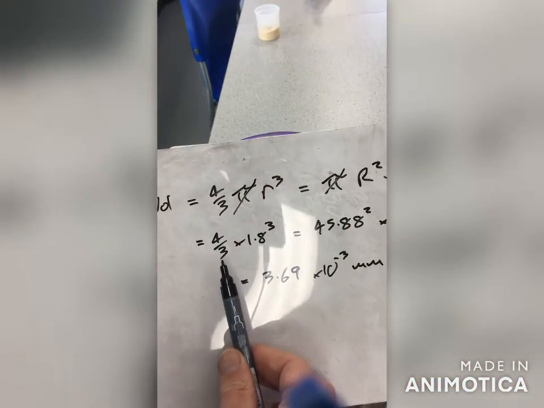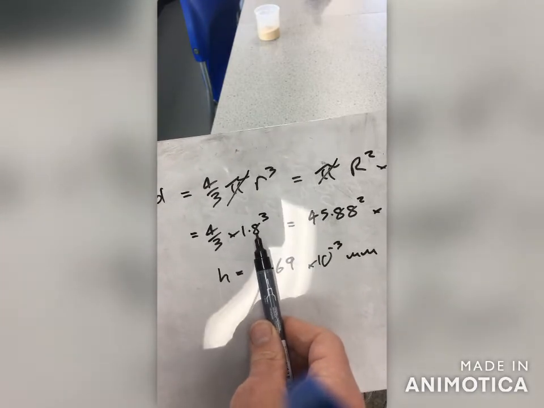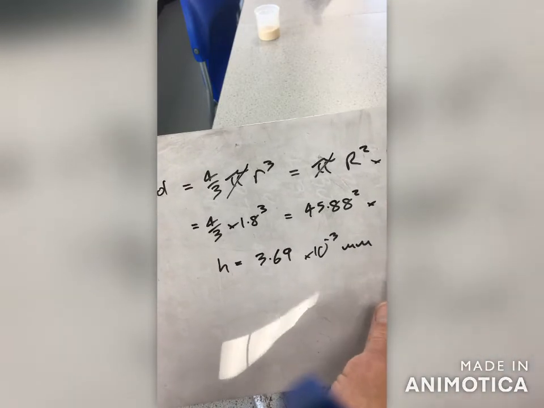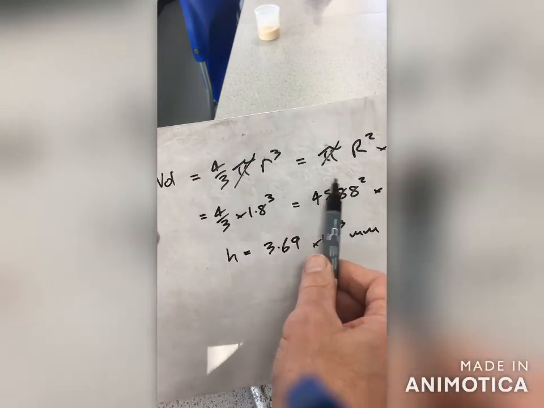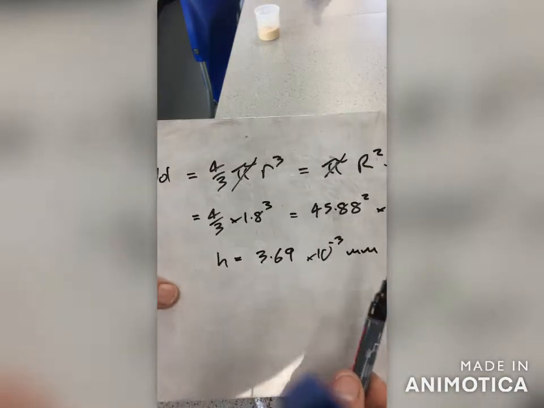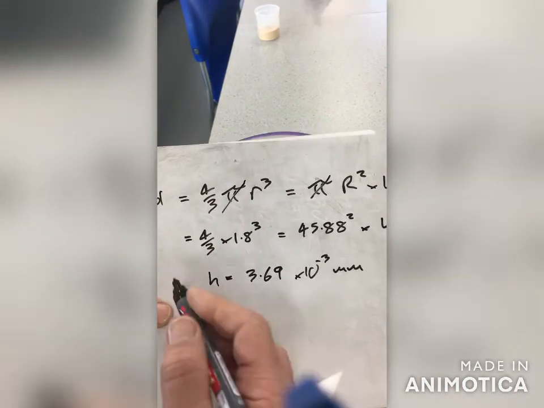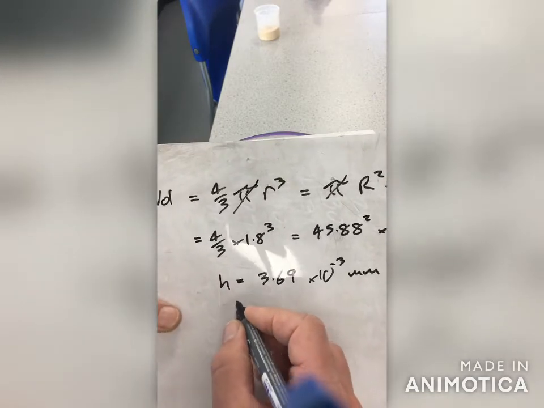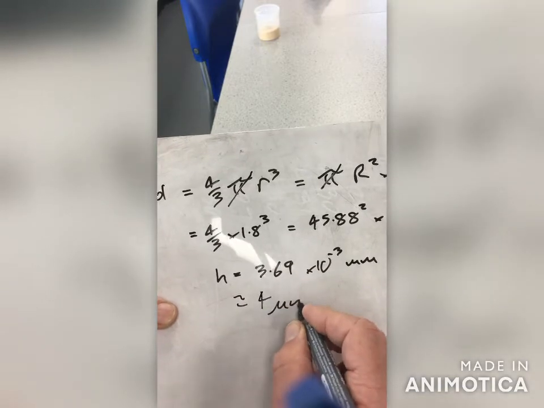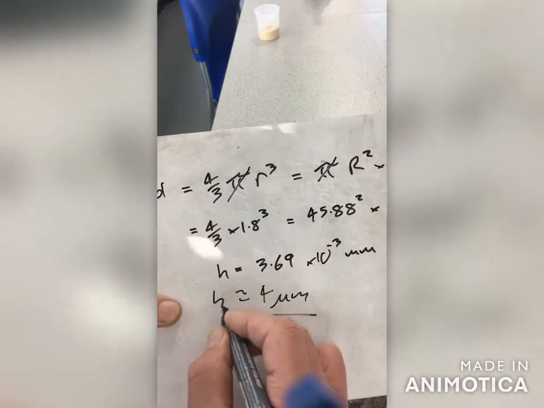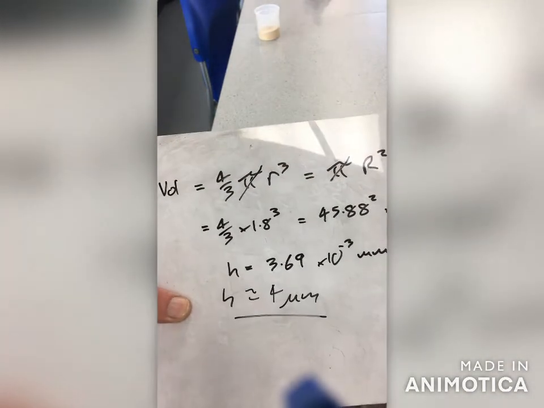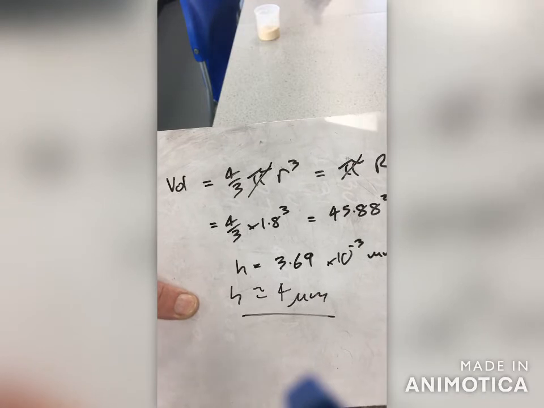So with the values we got, 4/3 times 1.8 cubed, equals 45.88 squared times h, which means that h equals all of that divided by that squared, which gives me 3.69 times 10 to the minus 3 millimeters, because all those dimensions are in millimeters. So basically that's approximately 4 micrometers. Okay, and that gives me the scale approximately of a molecule in the oil, which, if you think about it, is not too bad.